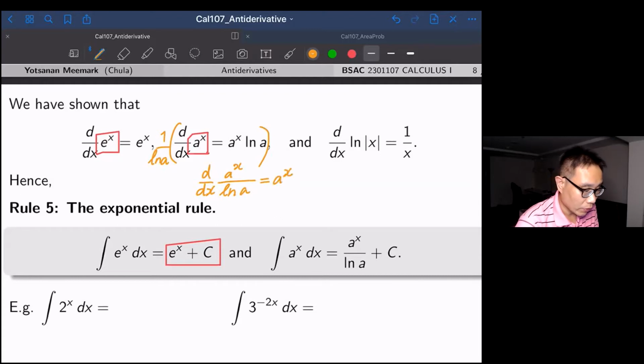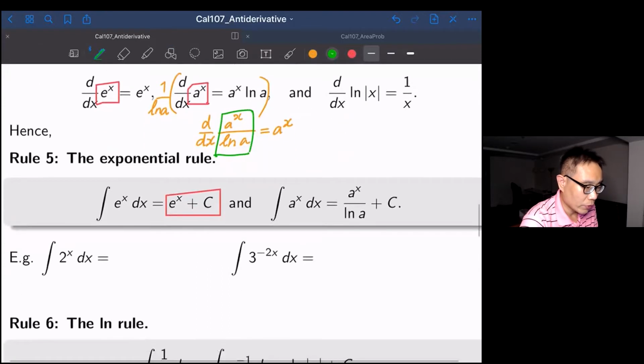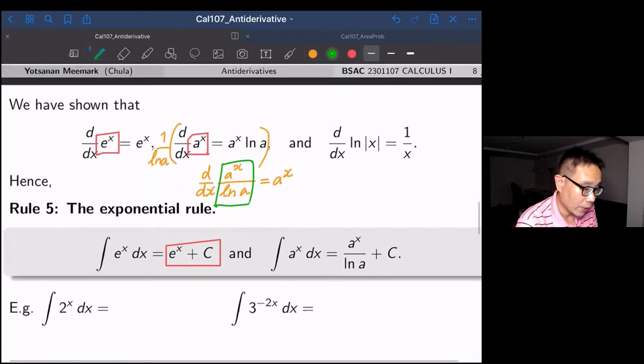So this one will be your antiderivative: integrate a to the x dx is a to the x over log a.